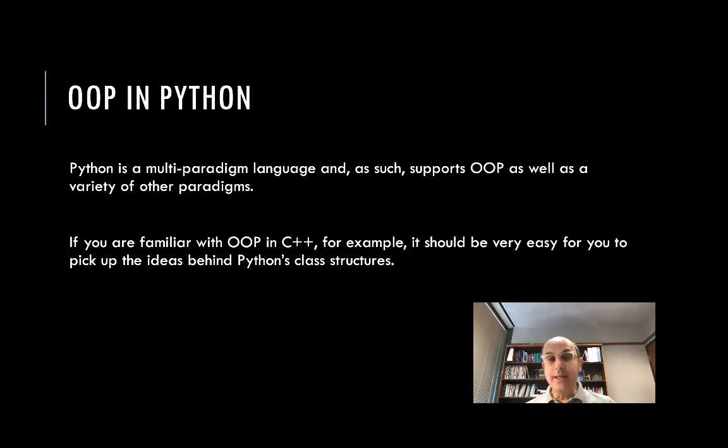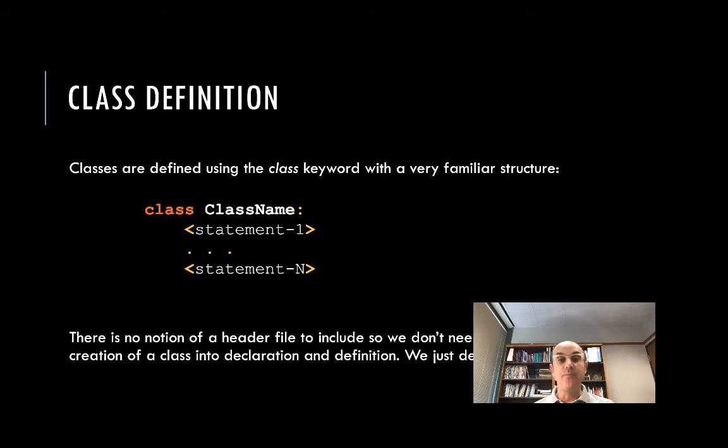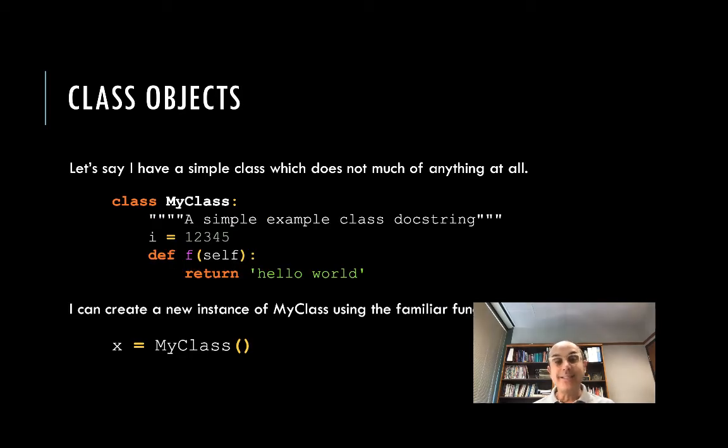One of the things that in functions we often talk about is OOP, which is the idea that it is very similar to C++, but it is easy for you to pick up the ideas behind the class structure. So the class definition is class name and class statement 1, statement 2, and we will declare and use it. And we can say class MyClass, and I'm going to say hello.